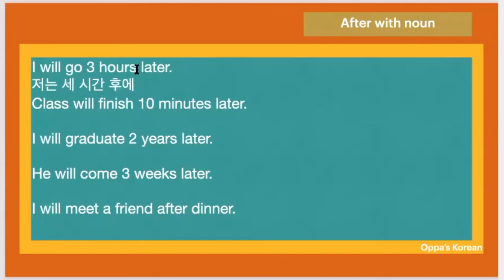So 3 hours is a noun and then later. So 3시간, 3 hours, and then 후에. 3시간 후에. To go, 가다, but future tense. So 갈 거예요, 갈 거예요.